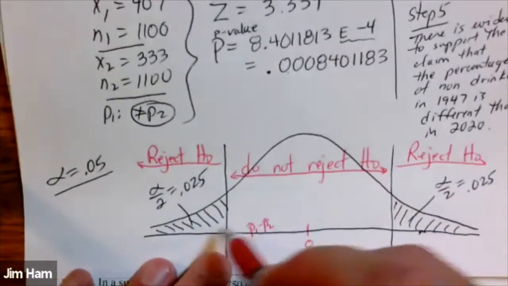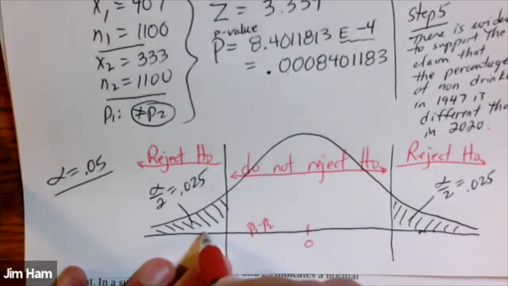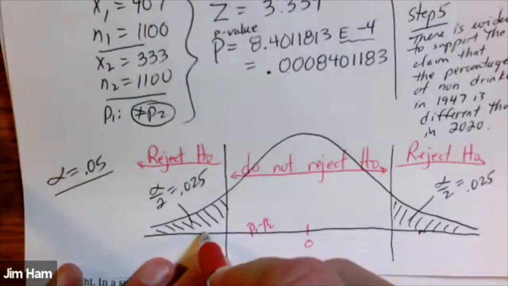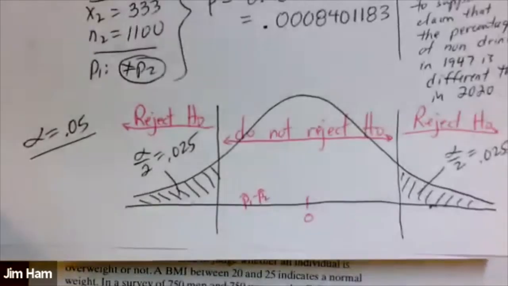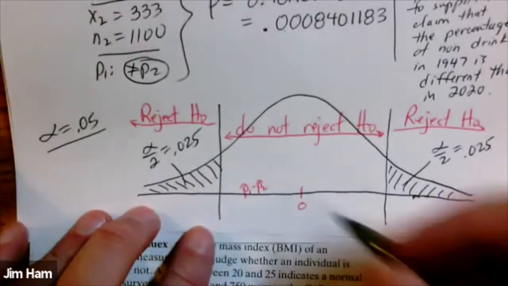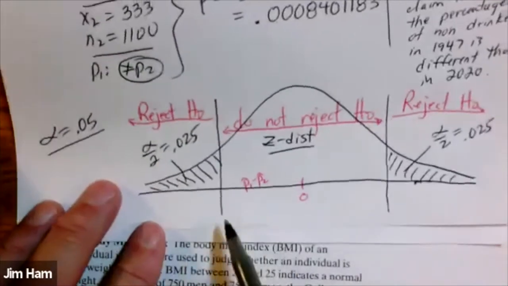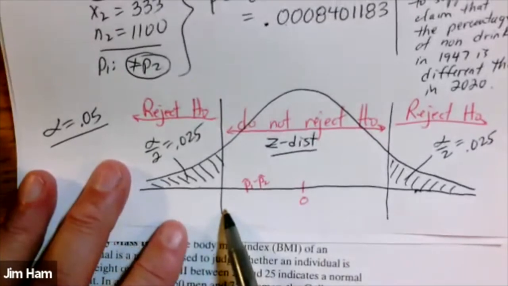If the difference falls over here, that means there's a big difference between p1 and p2: p1 is much smaller than p2. If we get a test statistic over here, that means p1 is significantly larger than p2. In here, they're too close. Now, this is a Z distribution, and so these are the Z critical values.